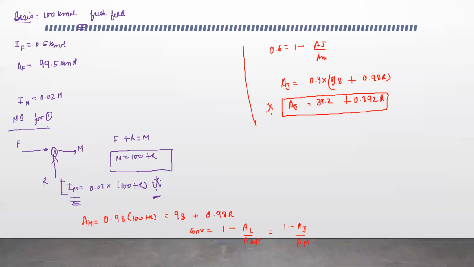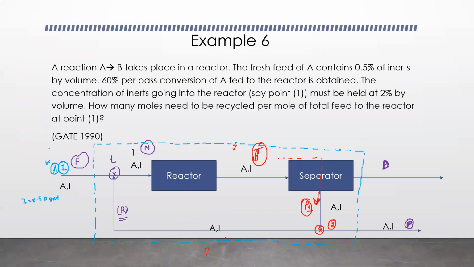Because we can do overall material balance in junctions, since no reaction is taking place there. Even in the separator, we can do overall material balance because the reaction is not taking place. But in the entire system, we cannot do overall material balance because the system contains the reactor, where the reaction takes place.